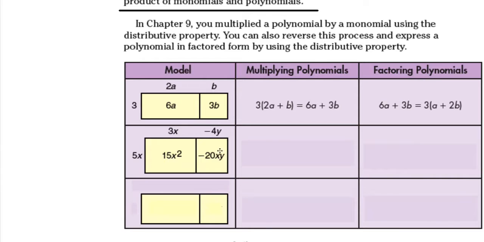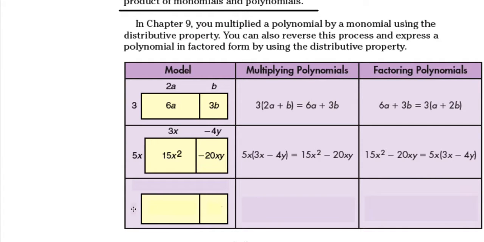So multiplying the polynomial, we have 5x times the quantity 3x minus 4y is equal to the area, which is 15x squared minus 20xy. And if we want to factor it, we simply switch this. So we now have 15x squared minus 20xy is the same as 5x times the quantity 3x minus 4y.